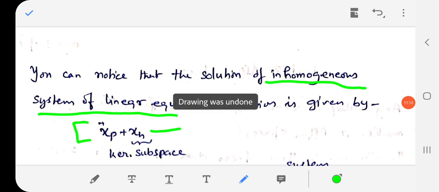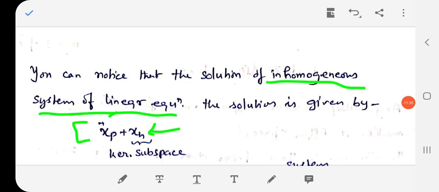So this particular xh, all possible solutions of the homogeneous system of linear equations, makes the kernel space or the null space, and that's a subspace that we proved in the last part. Now when we add a particular solution to it, we are actually making it an affine space. So that's how we say that solving an inhomogeneous system of linear equations is equivalent to making an affine space.